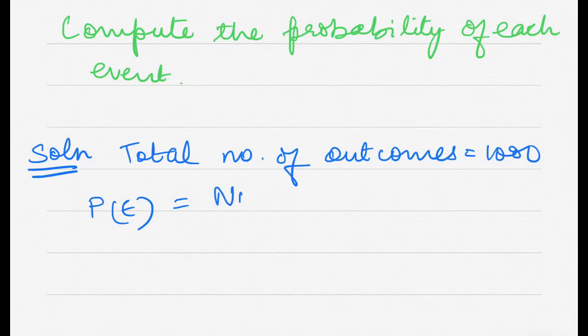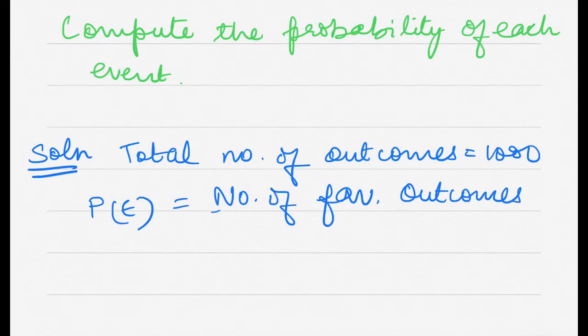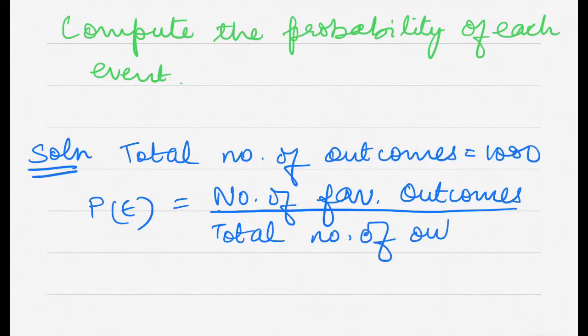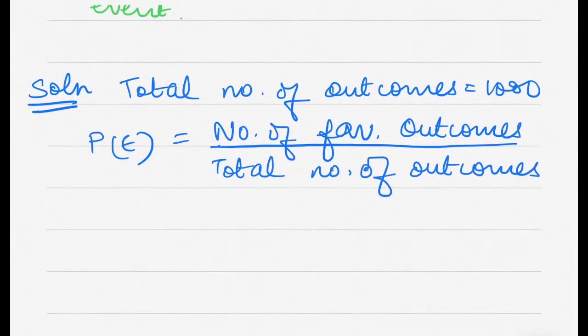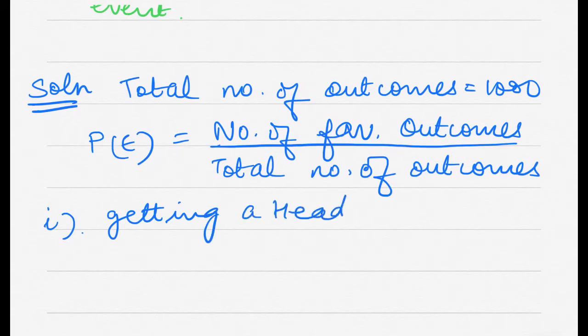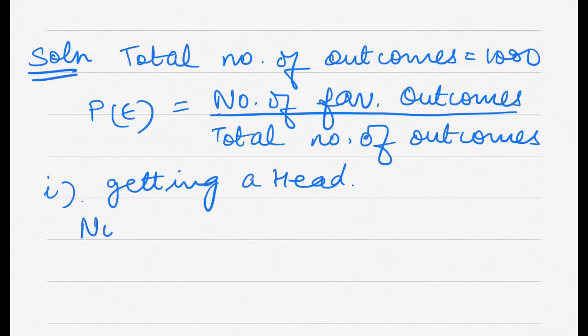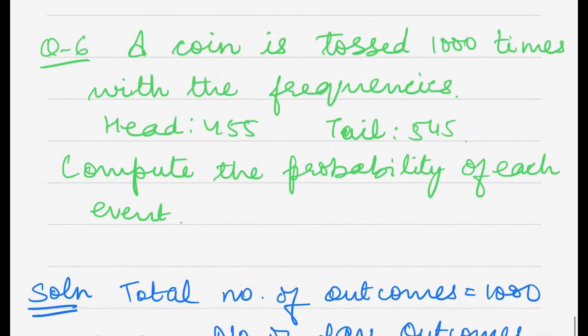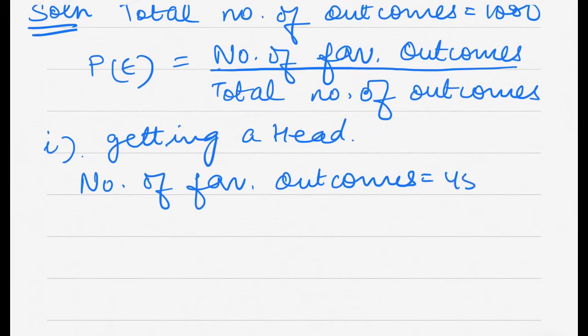I have to compute for both of them, so I'll write down my formula of probability here: number of favorable outcomes by total number of outcomes. For getting a head, the number of favorable outcomes is 455 times.